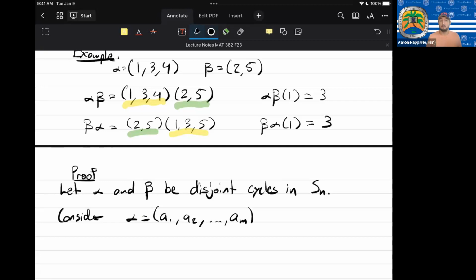I don't really know how many that is, but there's a slight understanding that M has got to be less than or equal to N. And I'd make a similar argument for beta. It's going to have some entries in there, not necessarily the same number as my cycle alpha, but there's some things in there. And all of these numbers, these A's and these B's, are inside my symmetric group.